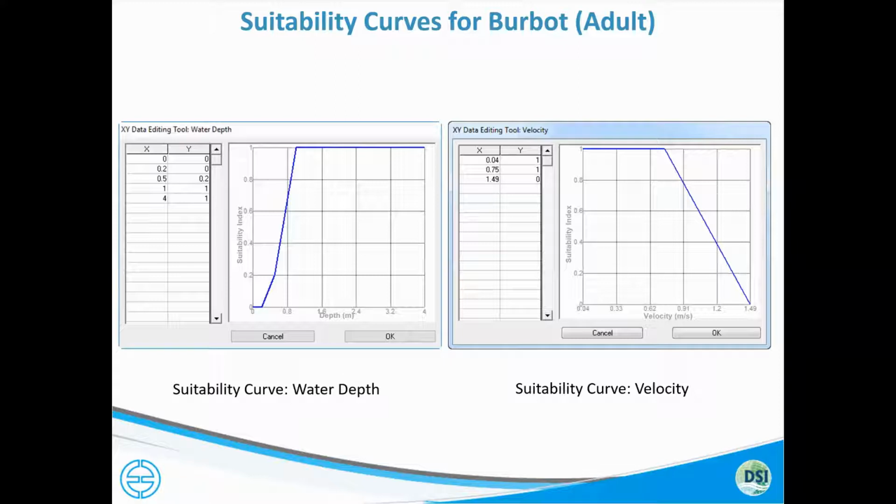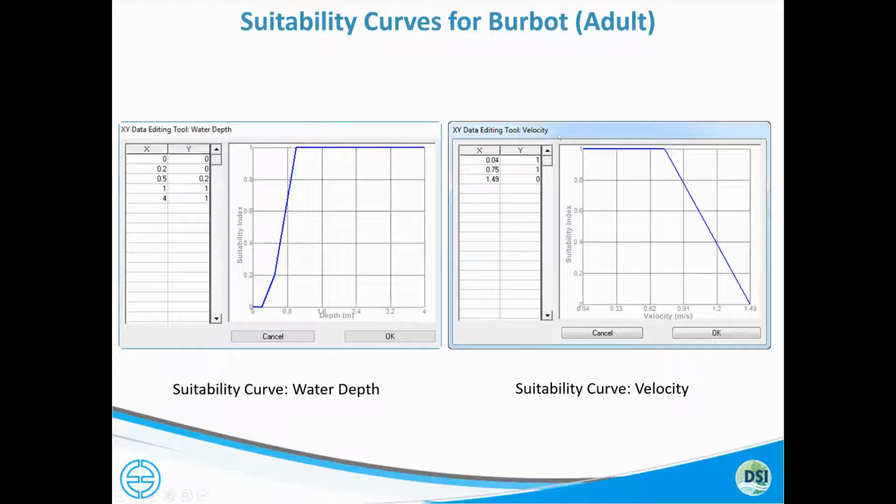And then you have a range of fractional values in between. And so this curve is the habitat suitability curve for water depth for Verba adult.